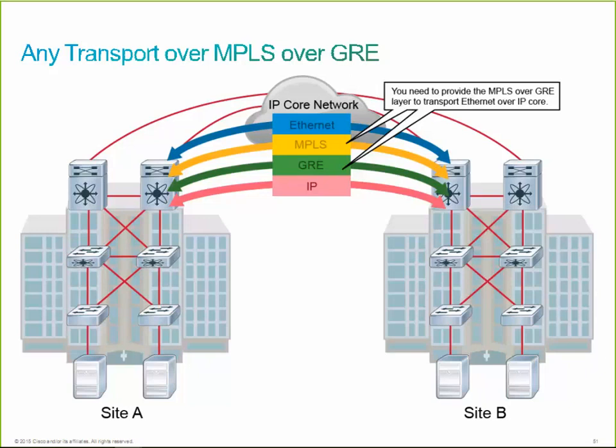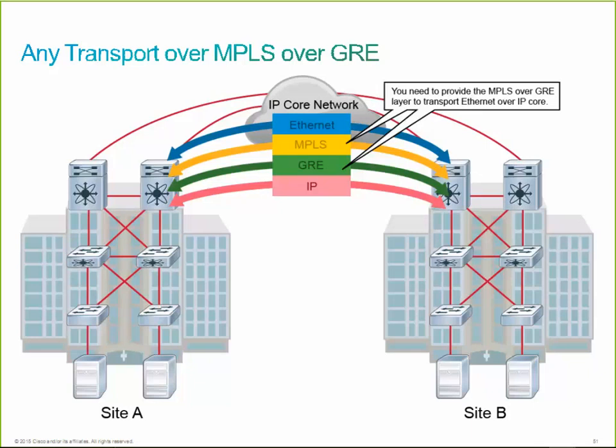The EoMPLS or VPLS traffic that we have to create simply gets encapsulated inside of the GRE tunnel. That's going to allow all my Layer 2 traffic to flow over that IP core, and this is called the AToMoGRE solution, right? Any transport over MPLS over GRE, all right? Basically, what it ends up being then is an identical deployment over a service provider MPLS network.